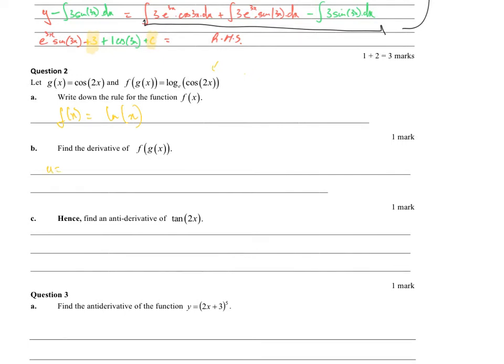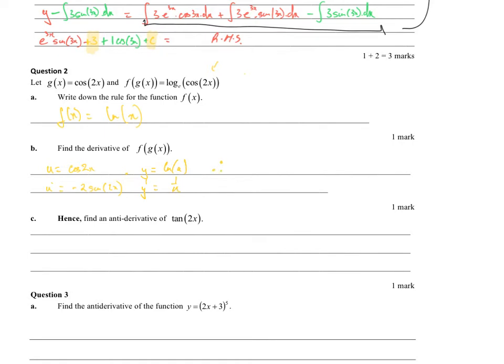So if I put u equal to cos 2x, u dashed is equal to negative 2 sine 2x. And if I put y equal to natural log of u, then y dashed is equal to 1 on u.